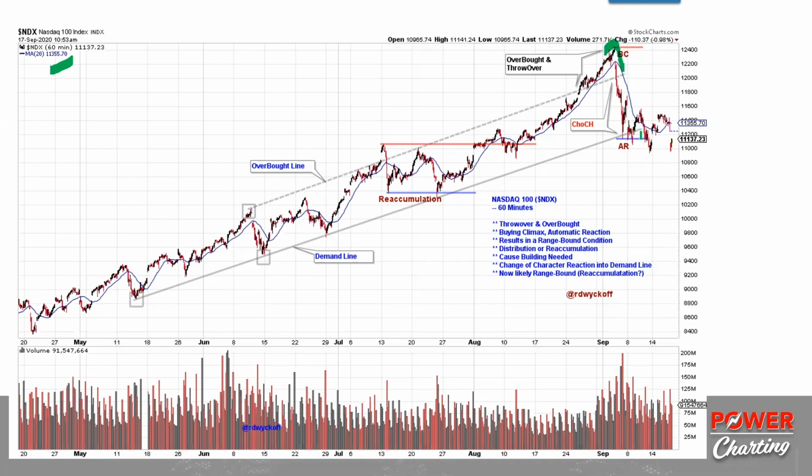Well, this failure has been substantial and down to the demand line, where we would normally look for an attempted bounce into a secondary test. And the secondary test would then come back down again. Well, we're not getting that at all.